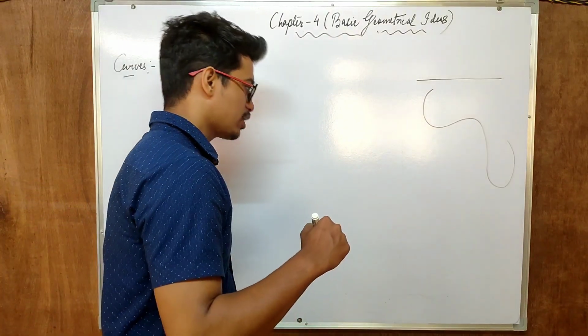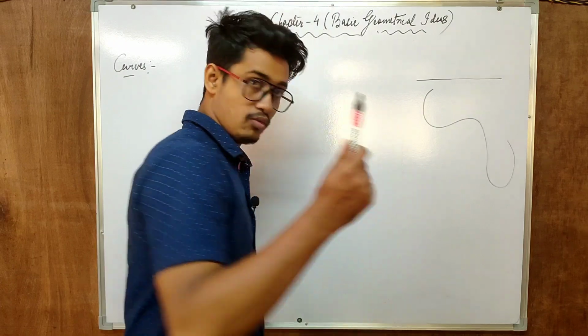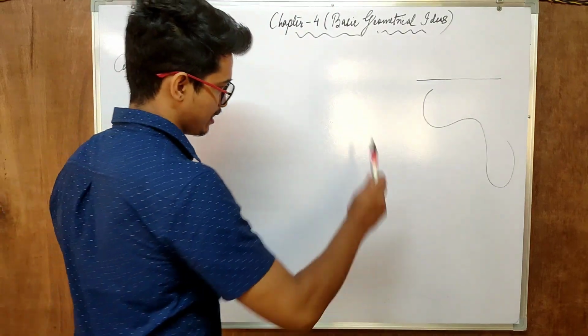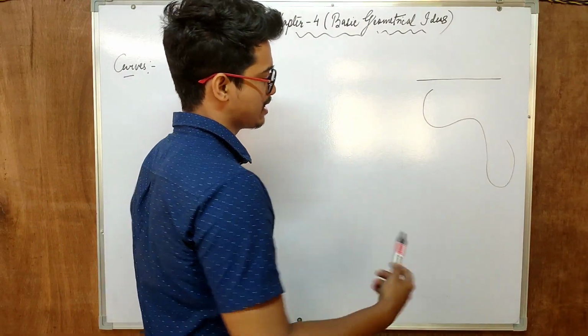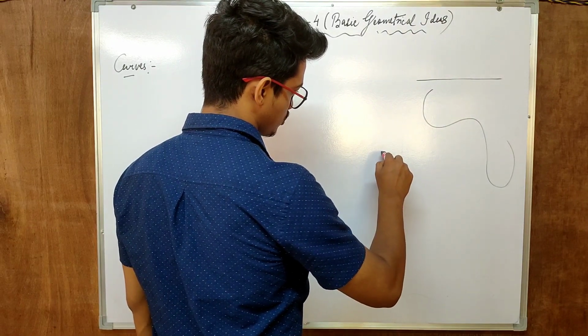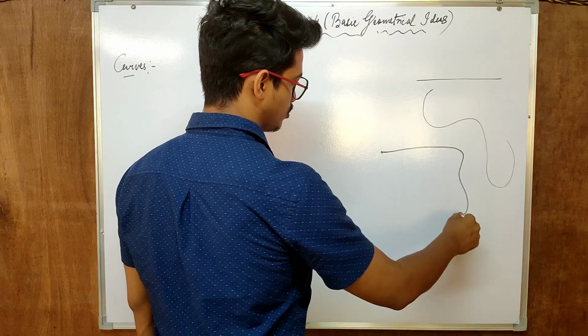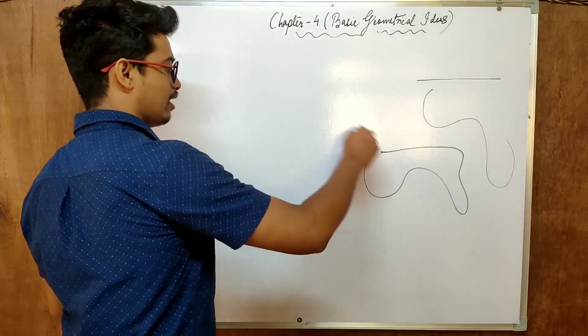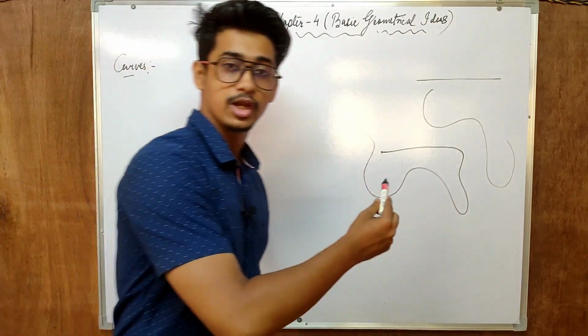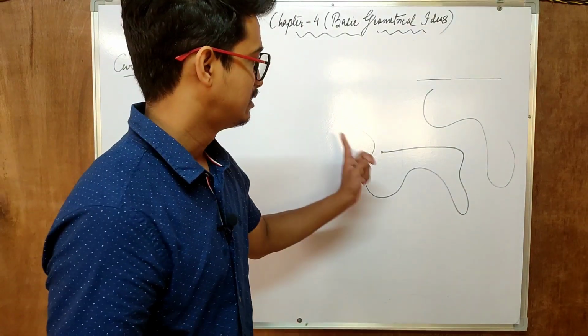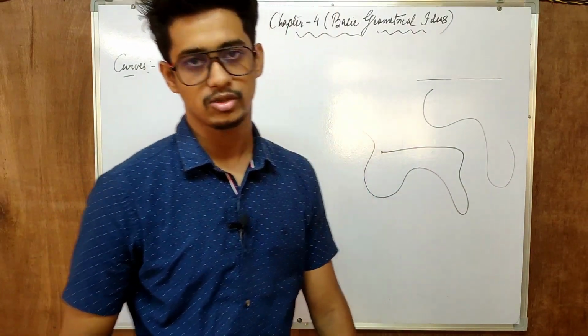From the definition point of view, when we make a curve, the key point is that we fix our point and move on, and we cannot lift our pen. The figure which is formed is called a curve.